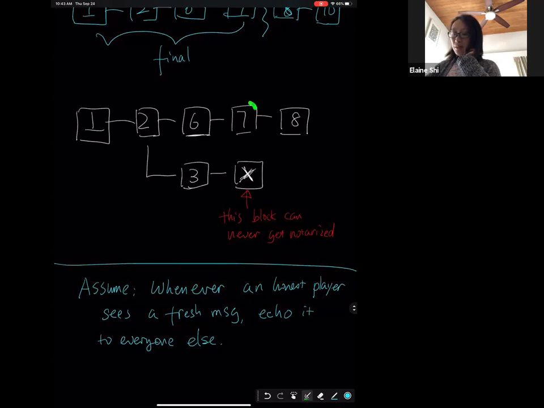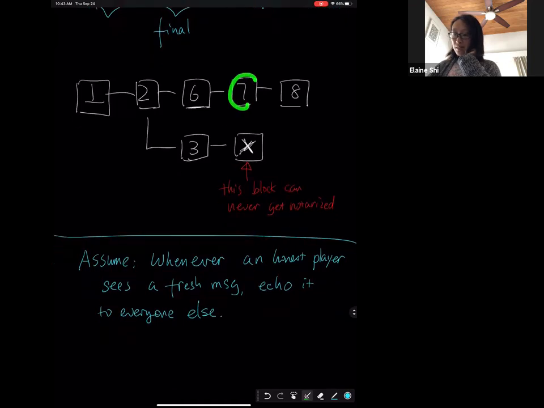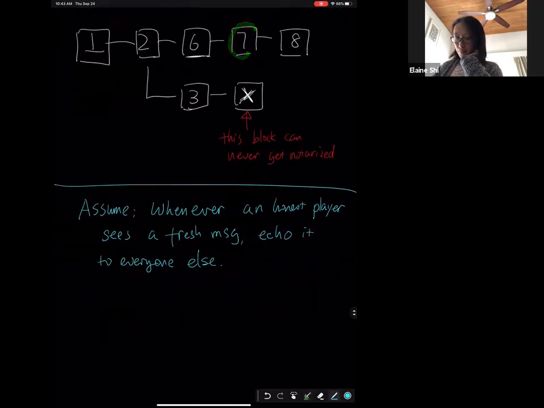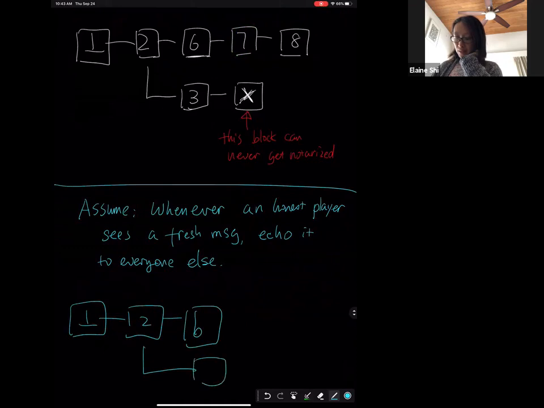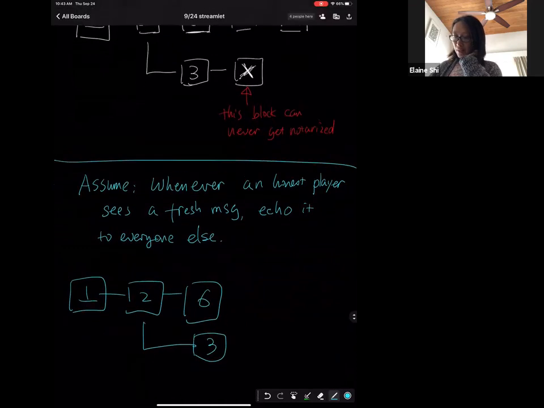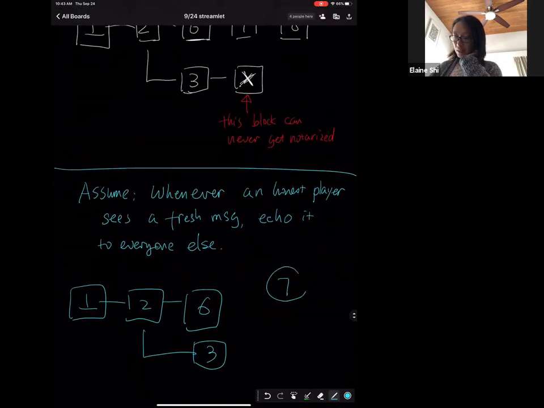Okay, so you are saying, let me just draw the partial view. It's like this, right? This is 6. So now you are saying 7 comes in.